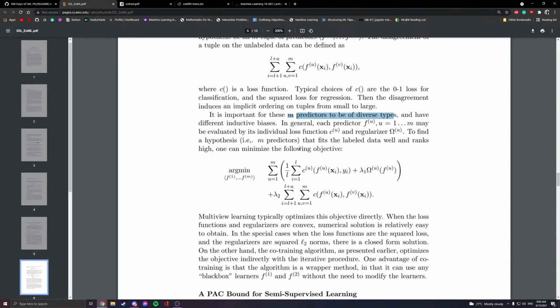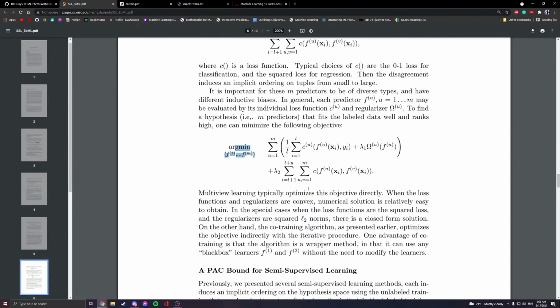And then we can minimize the loss to optimize it.